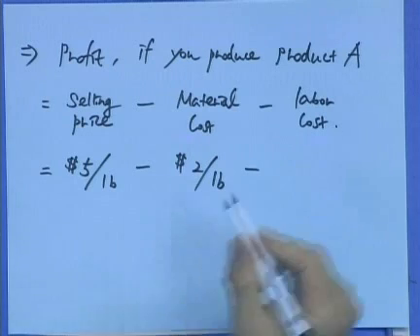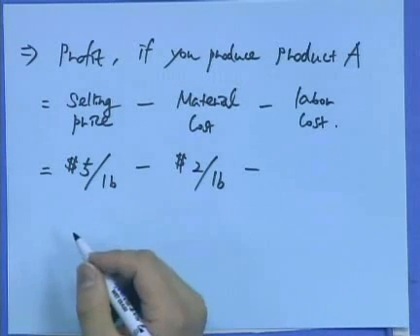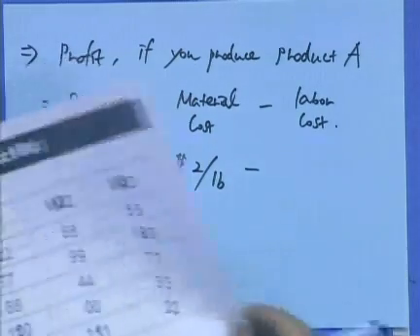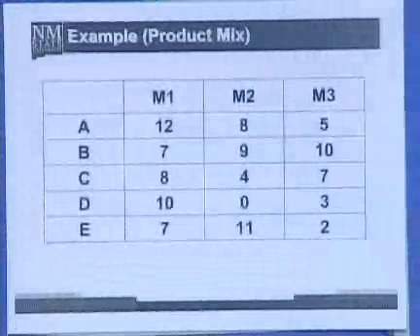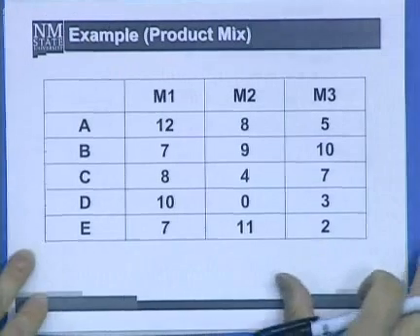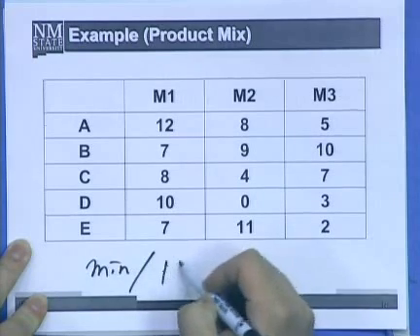Labor costs are $4 per hour for machines 1 and 2, and $3 per hour for machine 3, right? And each product requires machining time on each of 3 machines. And this table shows the machining time requirement, with the units in minutes per pound, right?